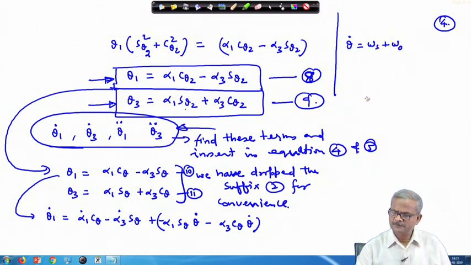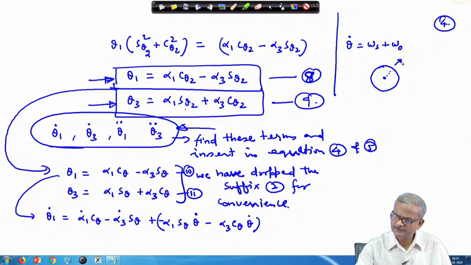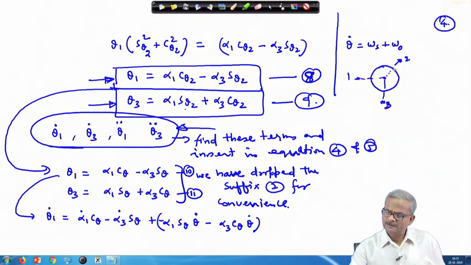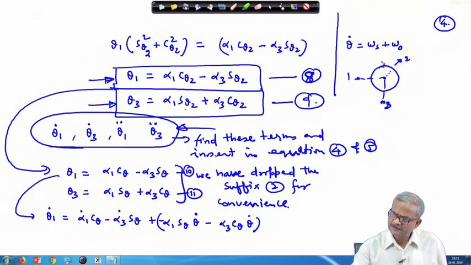omega 0. Why? Because this is the satellite, and going inside is your 2 axis, downward is your 1 axis, and this is the 3 axis. Okay. So, the rotation omega s we have shown like this.